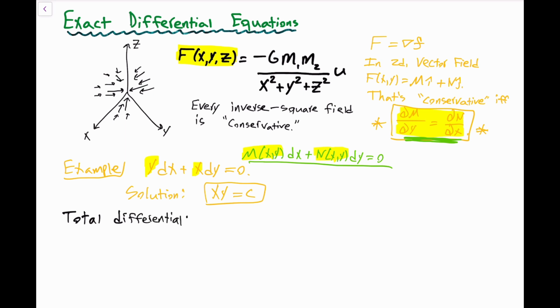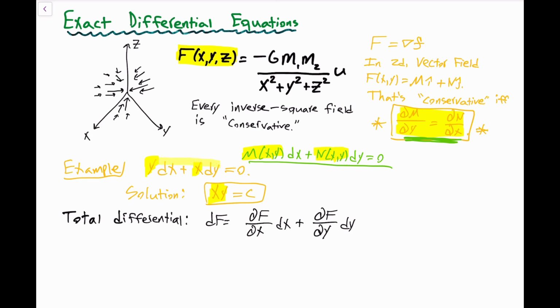To review, it would be df is equal to the partial of f with respect to x dx plus the partial of f with respect to y dy. So if we take the total differential of xy, we're going to end up with this differential equation.